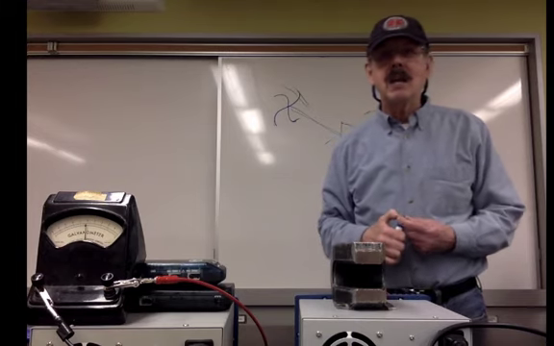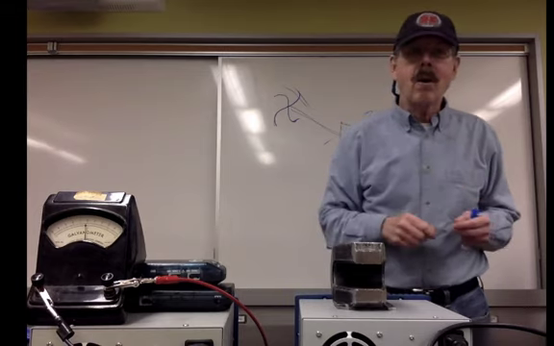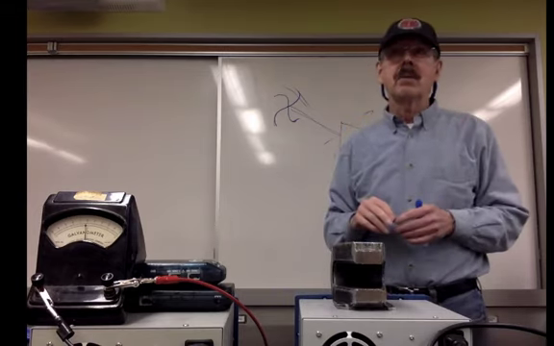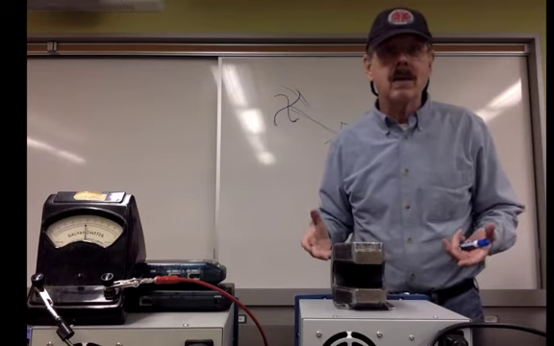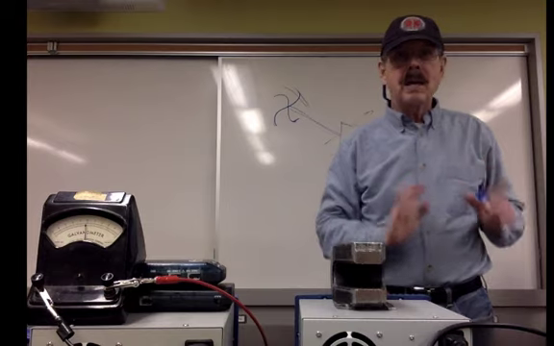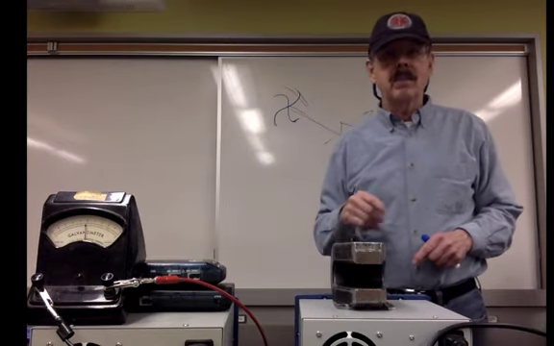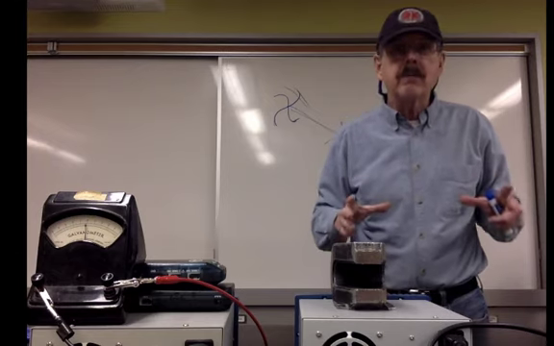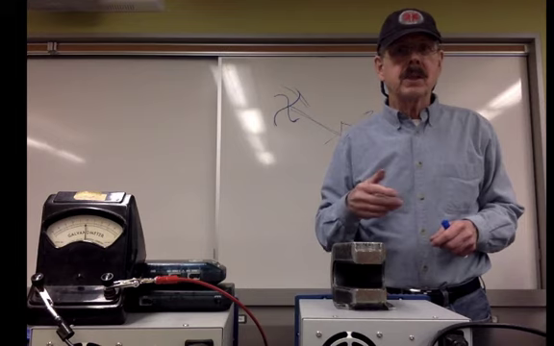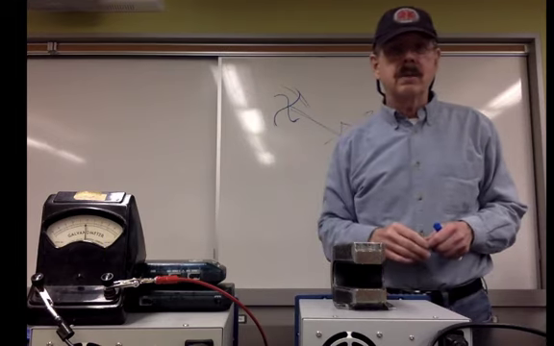So in the old days, if you tried to run an American-made VCR in Europe, it would not work because the VCR actually used the line frequency in the electronics, and the line frequency in the United States is 60 cycles, and the line frequency in Europe is 50.